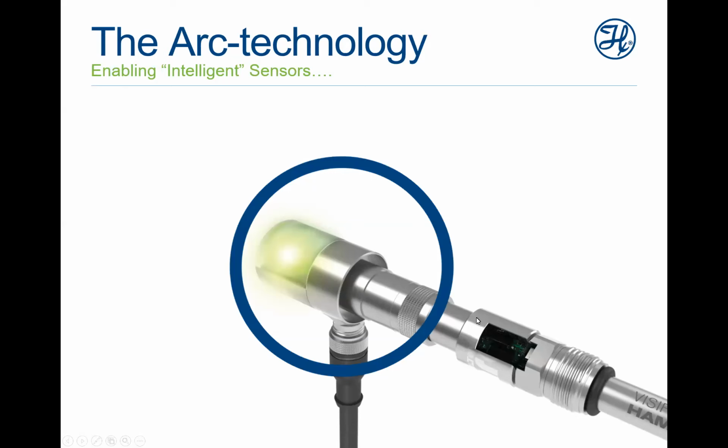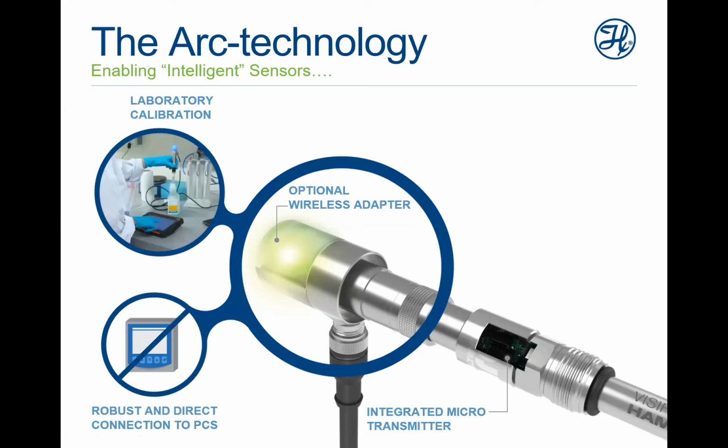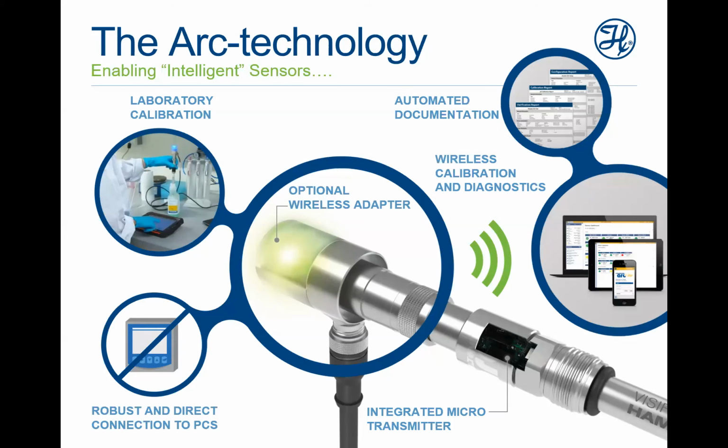The required electronics are now completely contained in the sensor head, making an extra transmitter unnecessary, and that means data can easily be transmitted to a process controller, and this can even be done wirelessly via Bluetooth as an option. The Arc technology simplifies the work enormously, as it allows easy calibration and maintenance of your probes and automatic documentation. So a lot of advantages and benefits for the user.